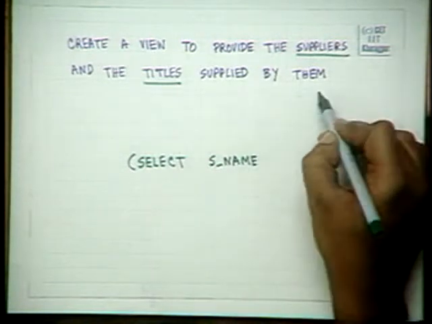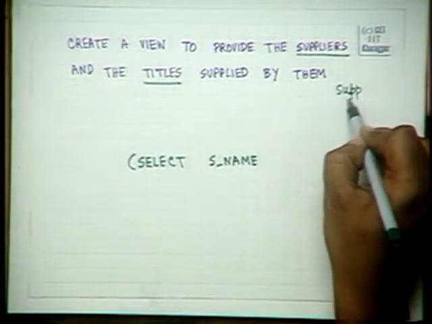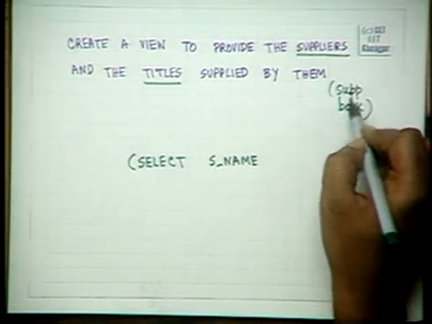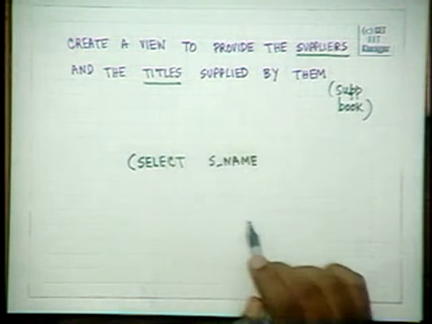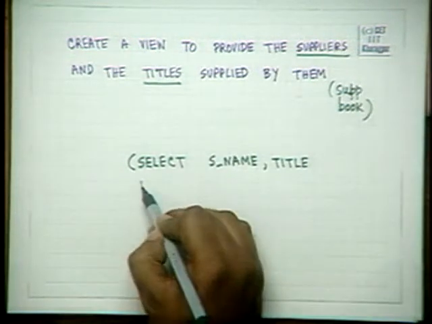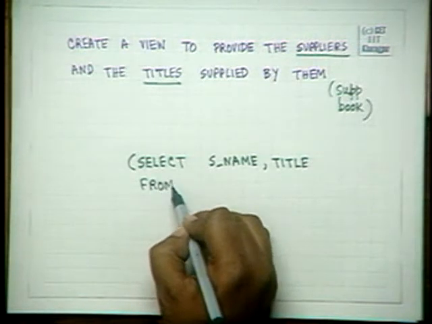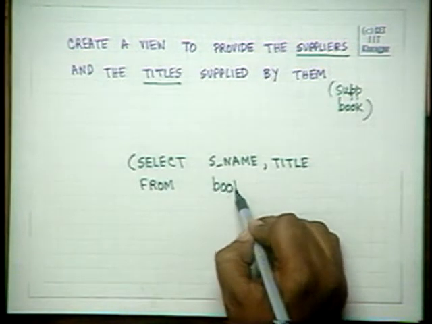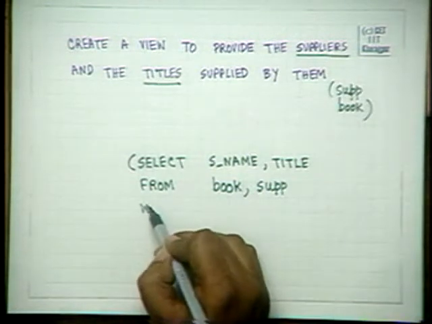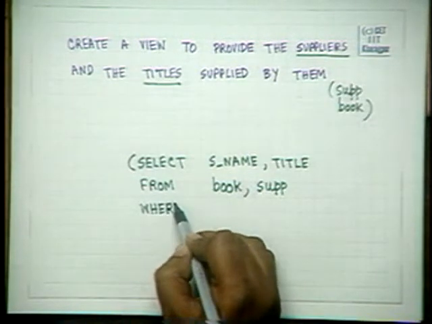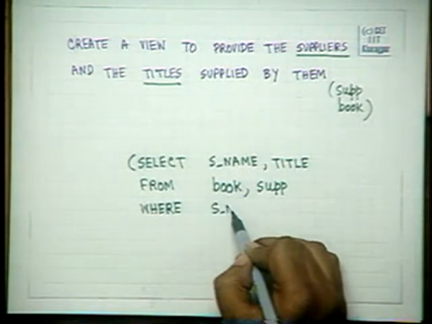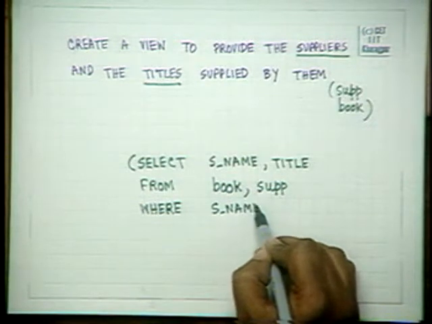We'll have to do a natural join between the sup relation and the book relation, and just select out the supplier name and the title of the book. To do the natural join, accession number is the common key.